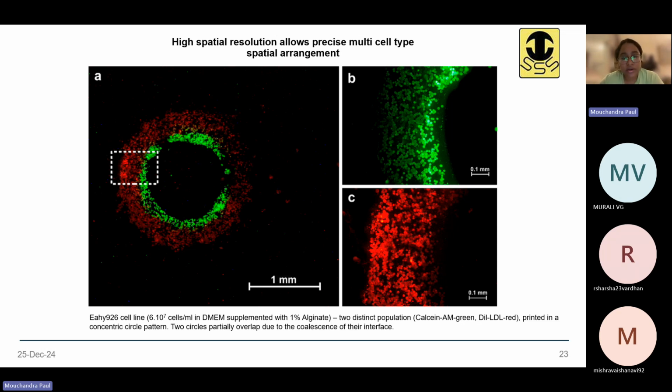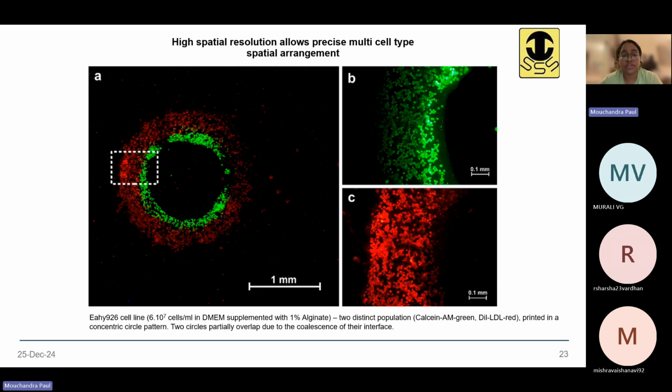And they are printing it as a concentric circle pattern. Okay. And what they are showing is that the droplets at the interface show some merging, partial overlapping. It's not completely overlapped, but partial overlapping. This means that the resolution, meaning how well you can make out the two rings, is good.